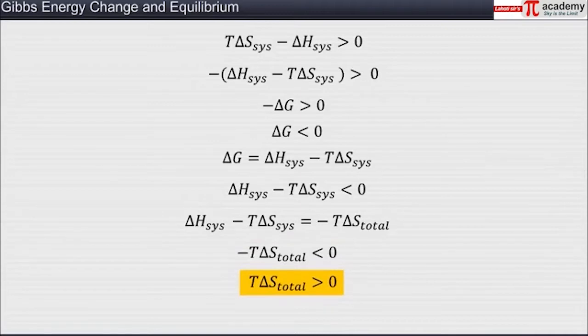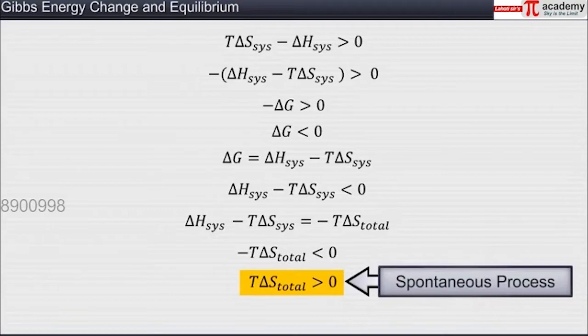This means that T delta S total is greater than 0. But when the value of delta S total is greater than 0, it indicates a spontaneous process. This means that change in Gibbs energy less than 0 indicates a spontaneous process.